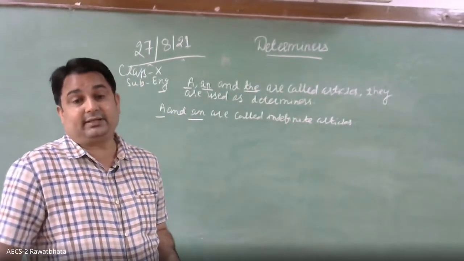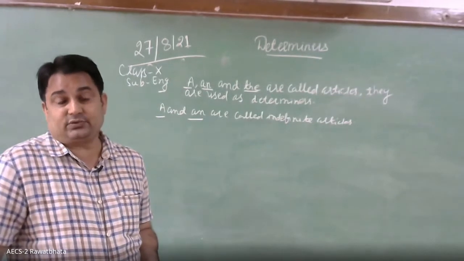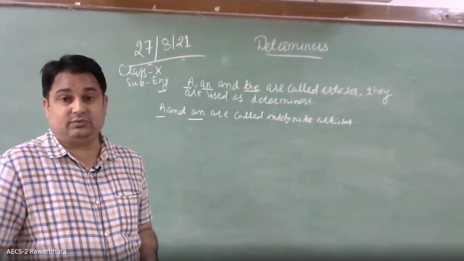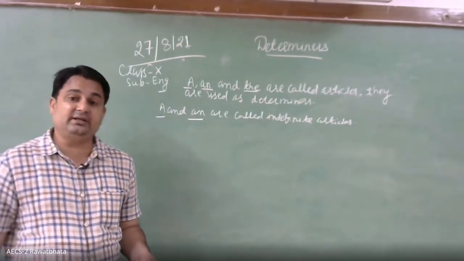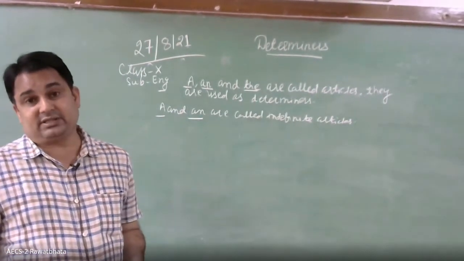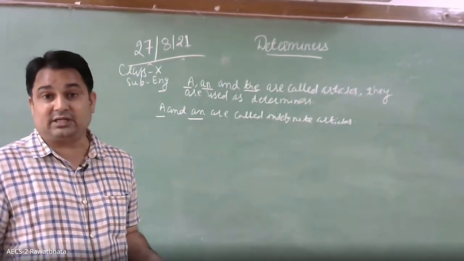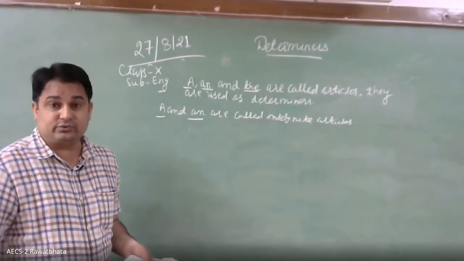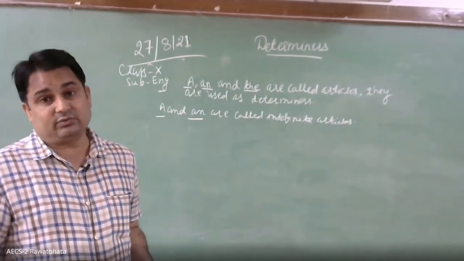An is used before a vowel sound, a is used before a consonant sound. So before what are they used? They are used before the beginning sound. If the sound is that of a vowel, then you have to use an; if the sound is that of a consonant, then you have to use a.